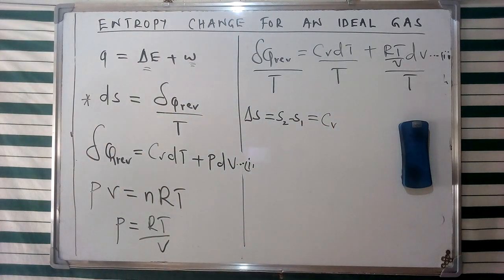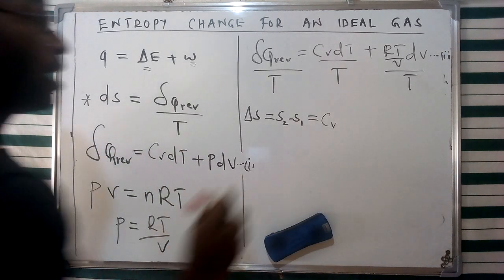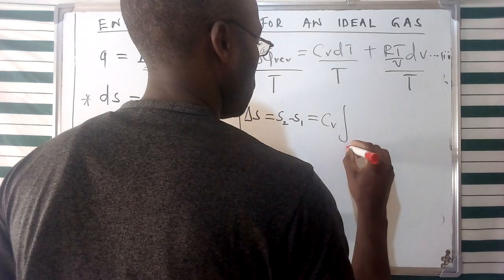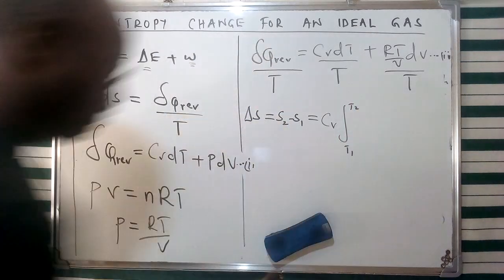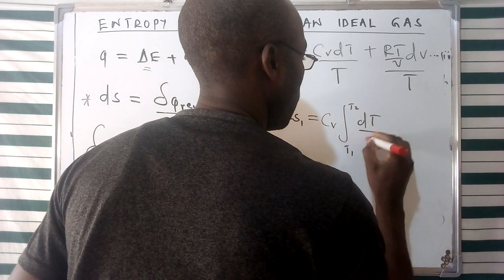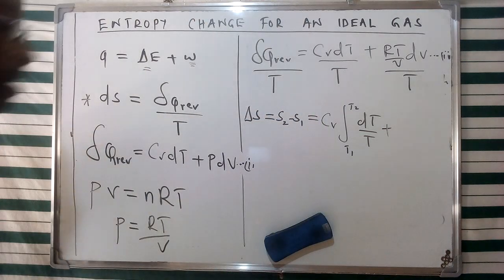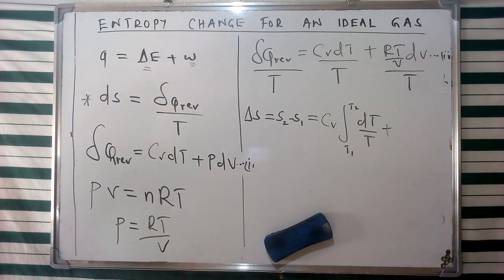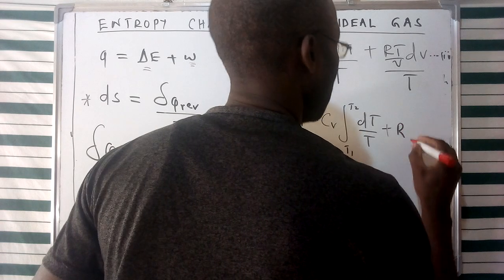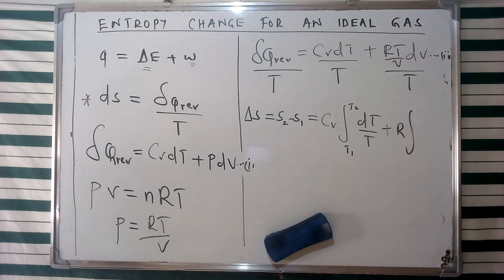and then Cv is going to be a constant, the molar heat capacity at constant volume, and then we're going to have the integral between T1 and T2 of dT over T, which is the second aspect of this specific equation, plus the R remaining, and then the integral of dV with respect to volume.